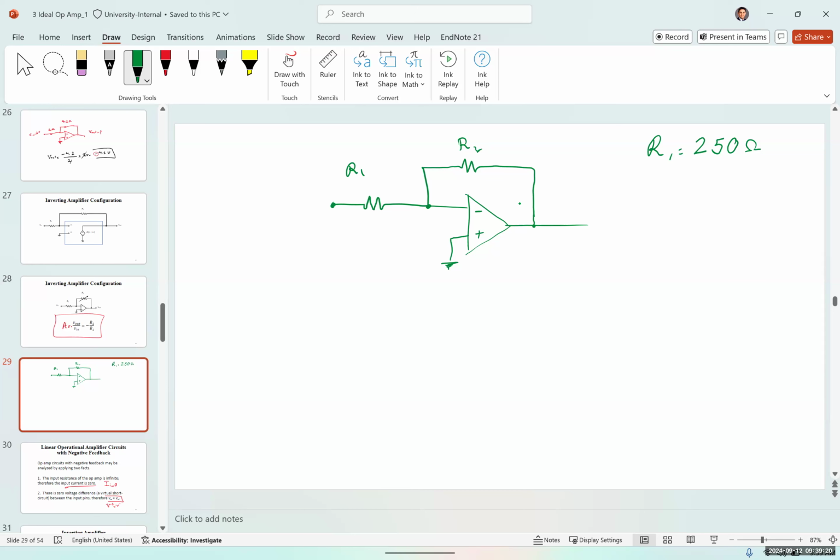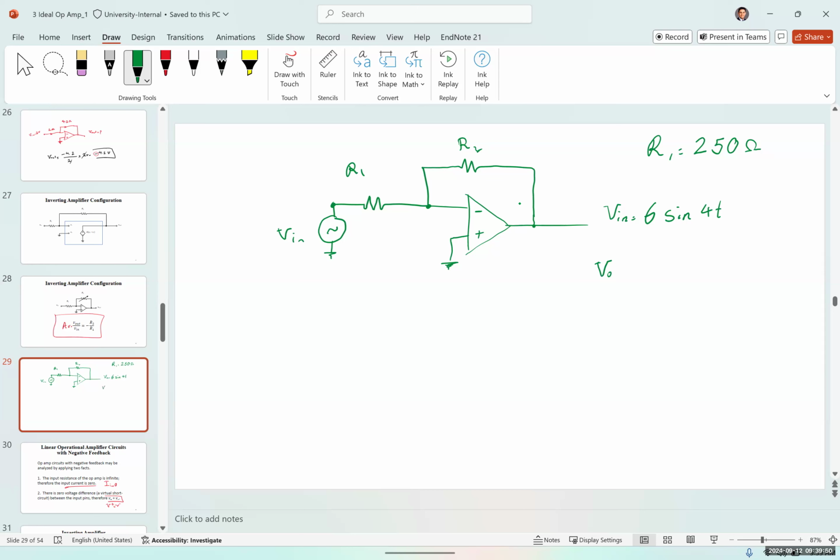Vin, or V source, I can call it, is equal to 6 sine of 4t. So we have an AC input, and the input is 6 sine of 4t.